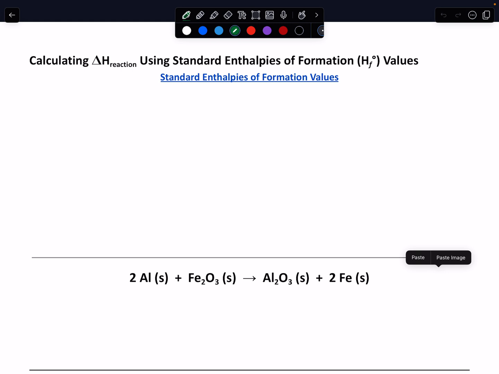This screencast is going to discuss how to use standard enthalpies of formation to calculate the enthalpy change for a reaction.